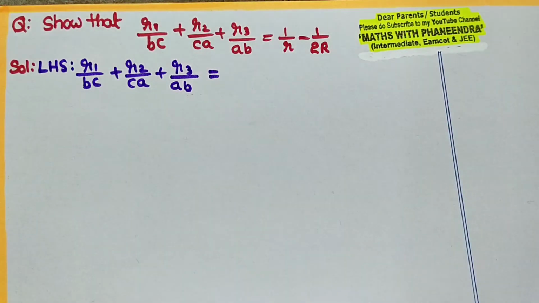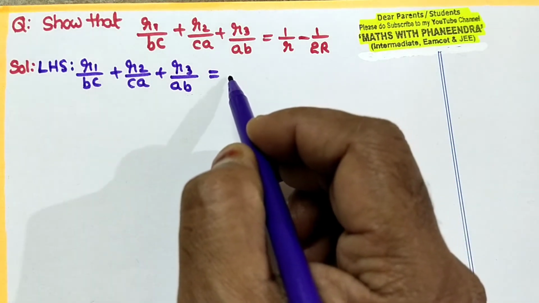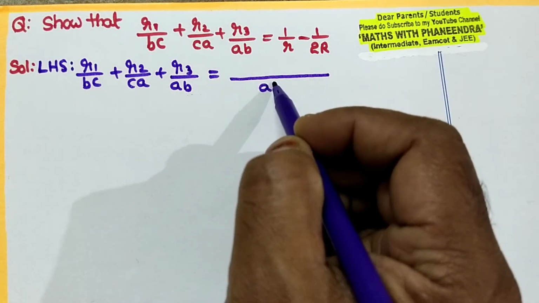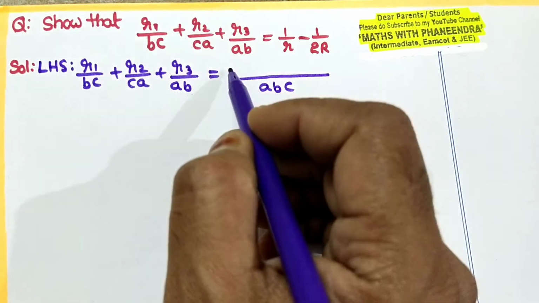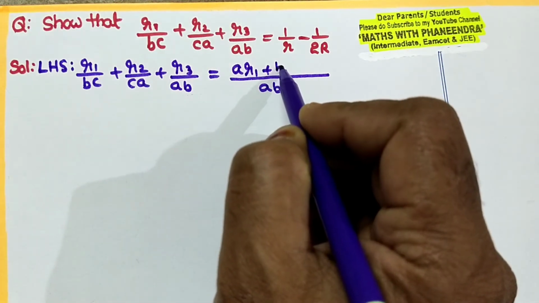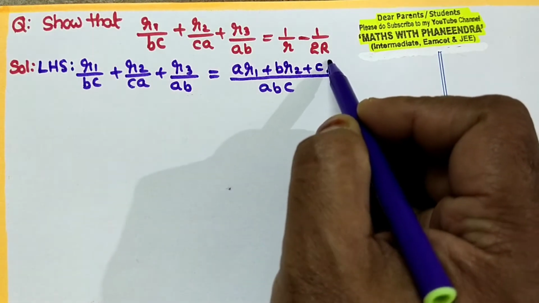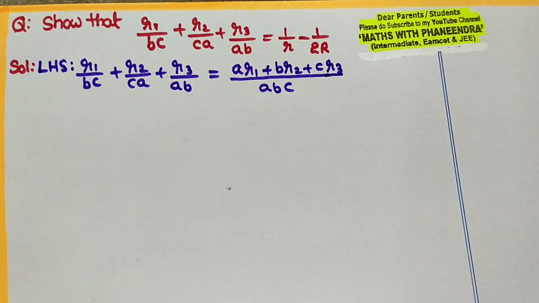Take the LCM, and ABC is the LCM. BC gets cancelled, A into R1, plus CA gets cancelled, B into R2, plus AB gets cancelled, C into R3. This is the numerator value: AR1 plus BR2 plus CR3 divided by ABC.